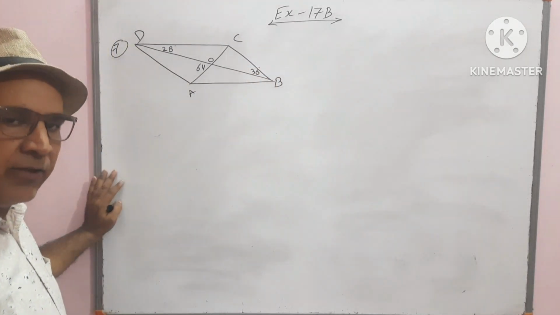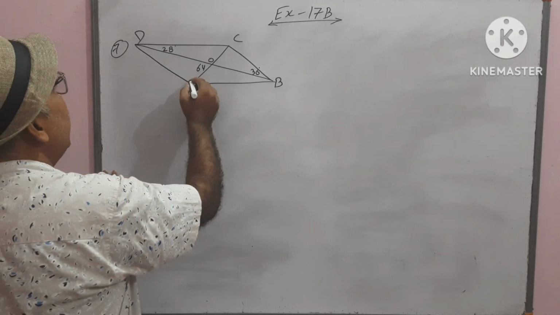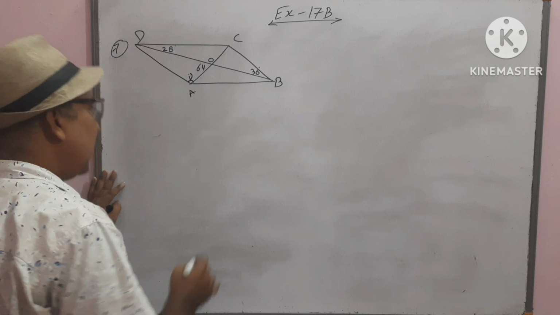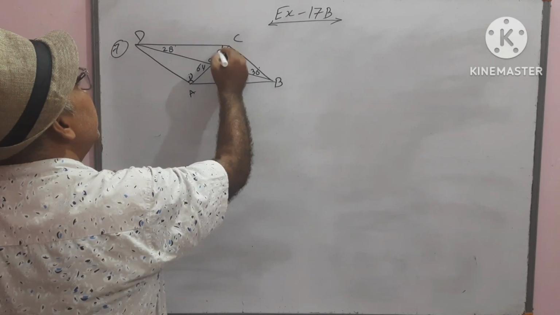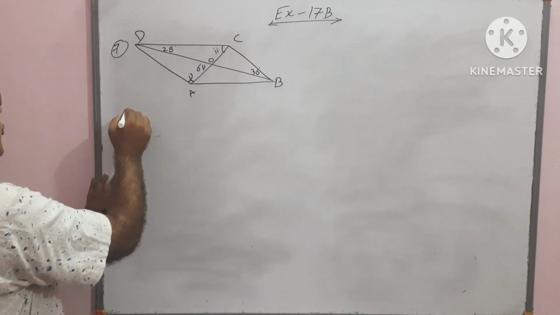These points have been given, and the question is asking for angle OAD. This is the first angle we have to find, and then OCD, this is the second angle. Okay, see how to do.